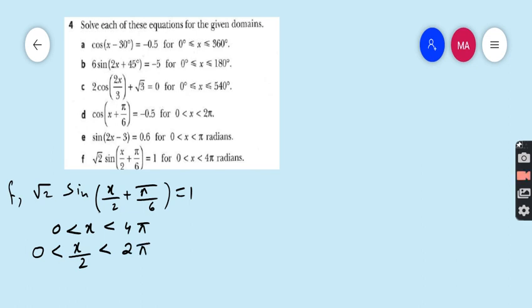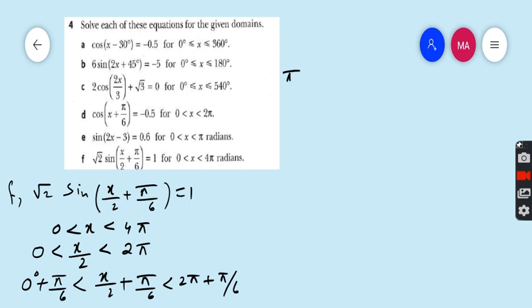And now add pi by 6 in all numbers. 0 plus pi by 6, x upon 2 plus pi by 6, 2 pi plus pi by 6. 0 plus pi by 6 is pi by 6. And x upon 2 plus pi by 6 remains this.